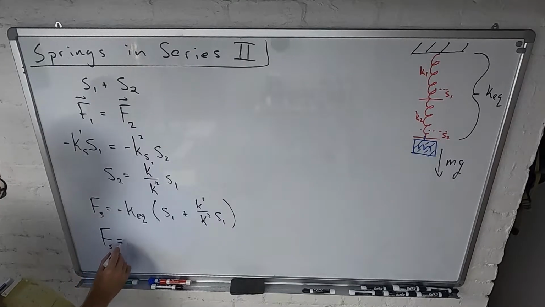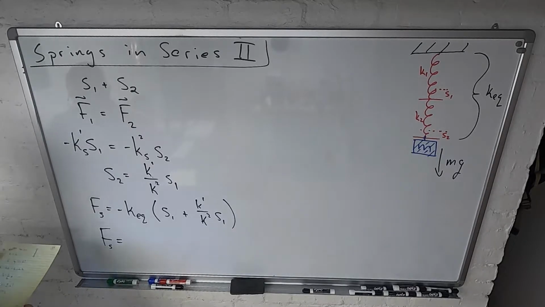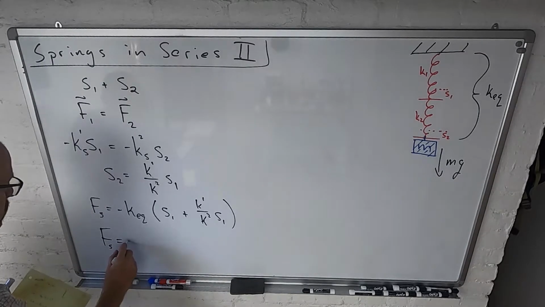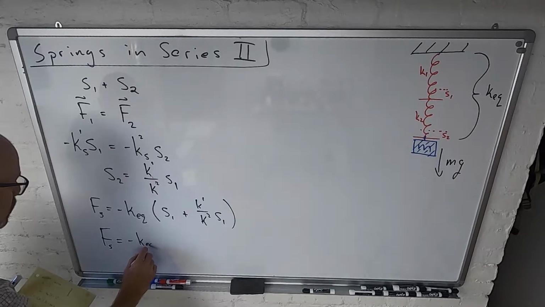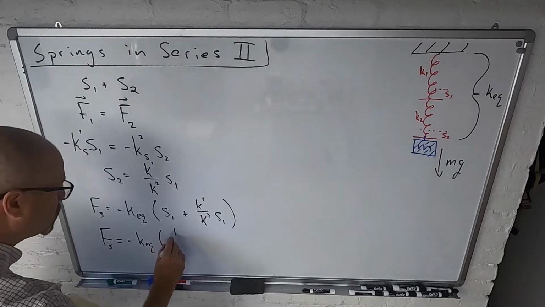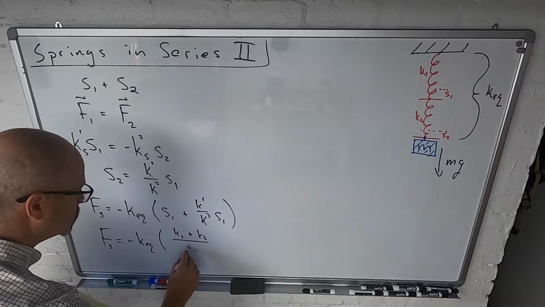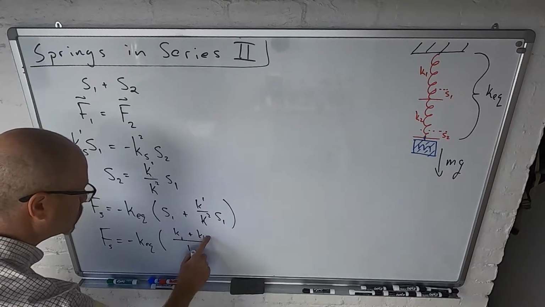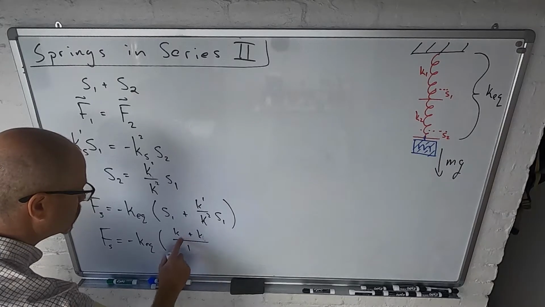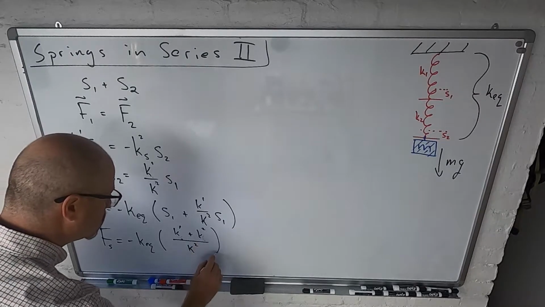So now let's write it as, well, what do we have? F1 is equal to minus K equivalent times K1 plus K2 over K2 times S1.